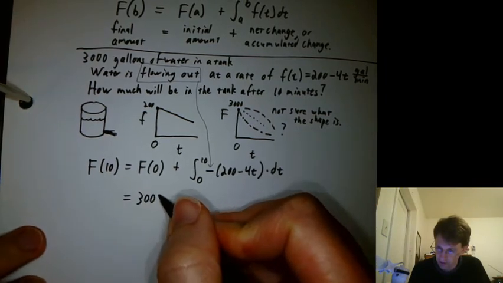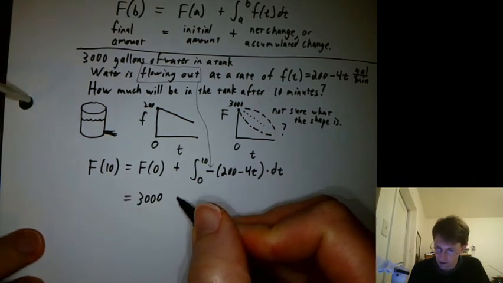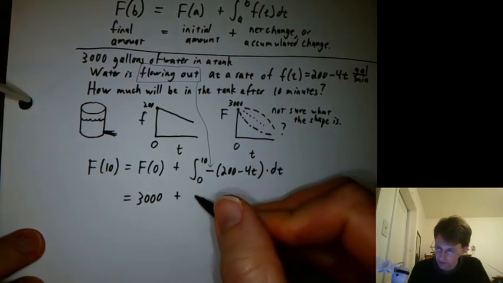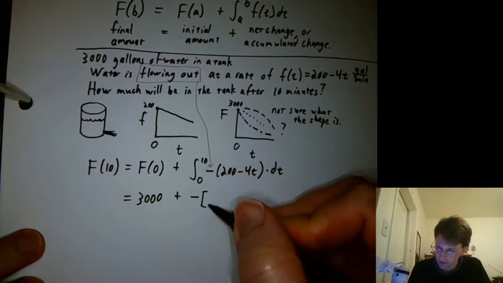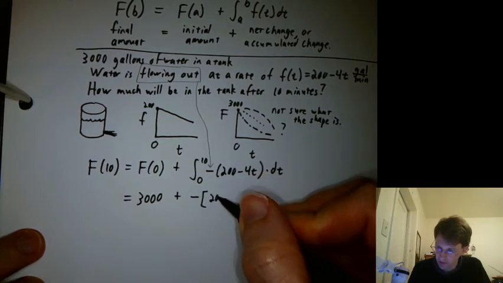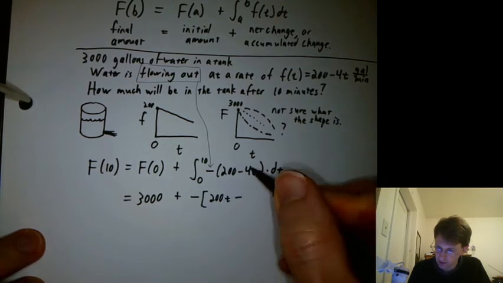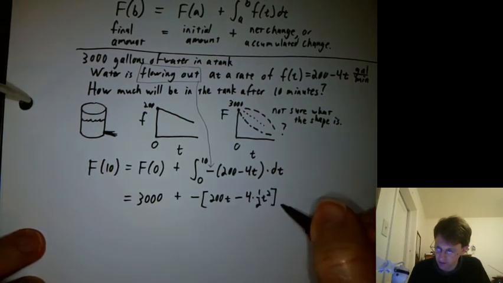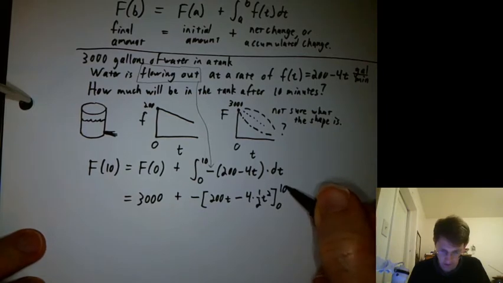So the initial amount is 3,000. And then what do we do with this integral? I would put the minus out here. The integral of 200 is 200t. The integral of 4t is 4 times 1/2 t squared from 0 to 10.